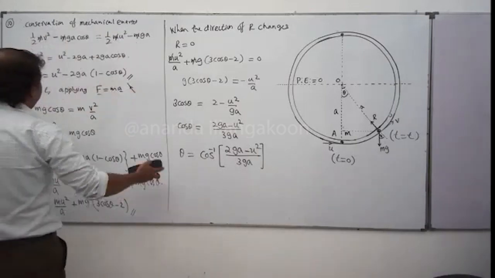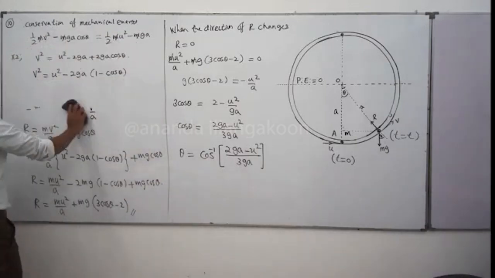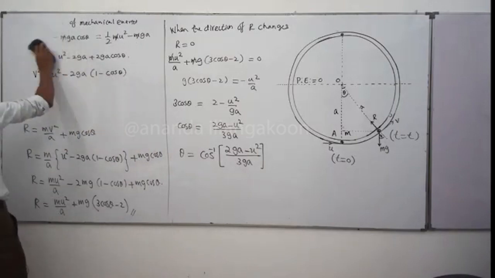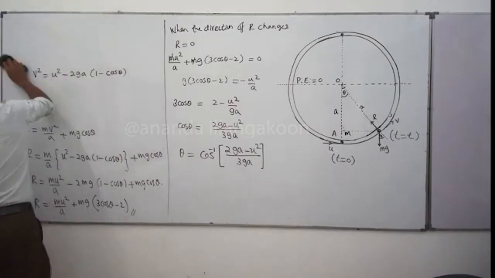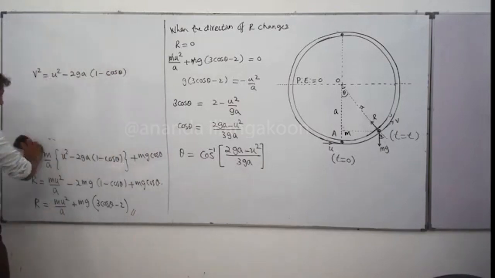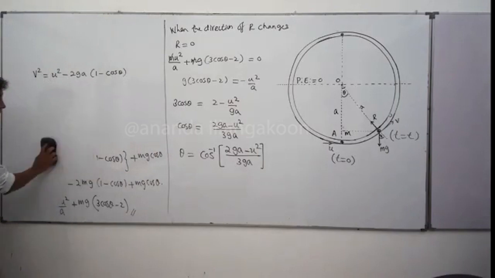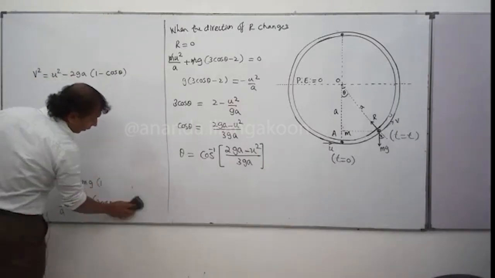Then first of all, we'll find the velocity at the highest point when theta equals 180 degrees or pi.